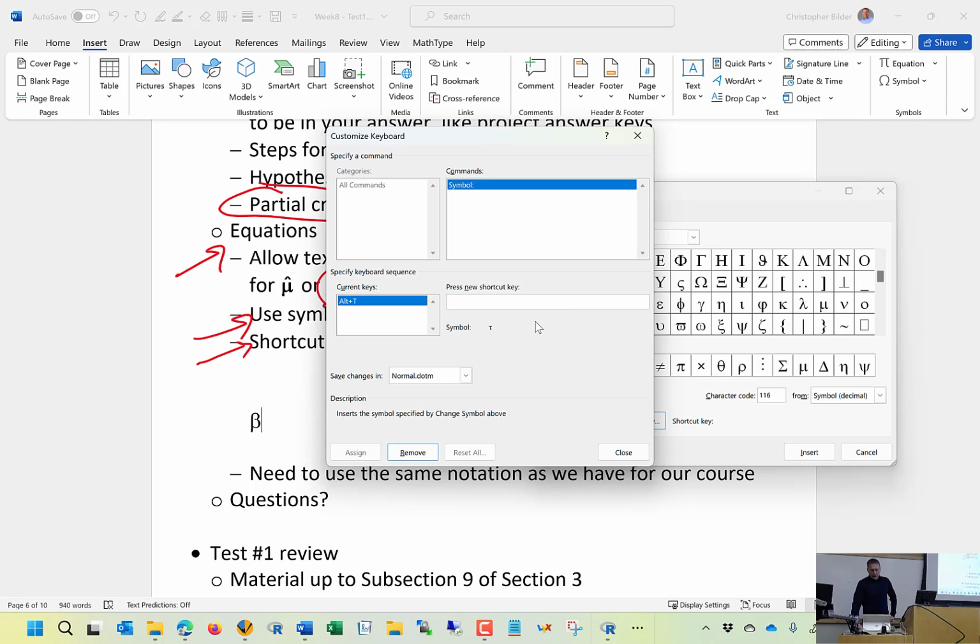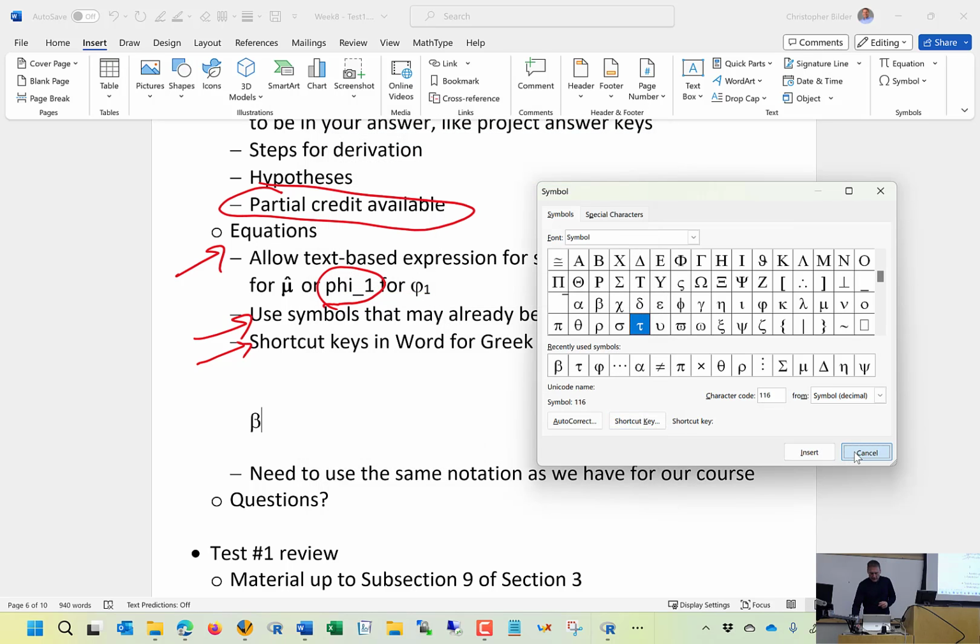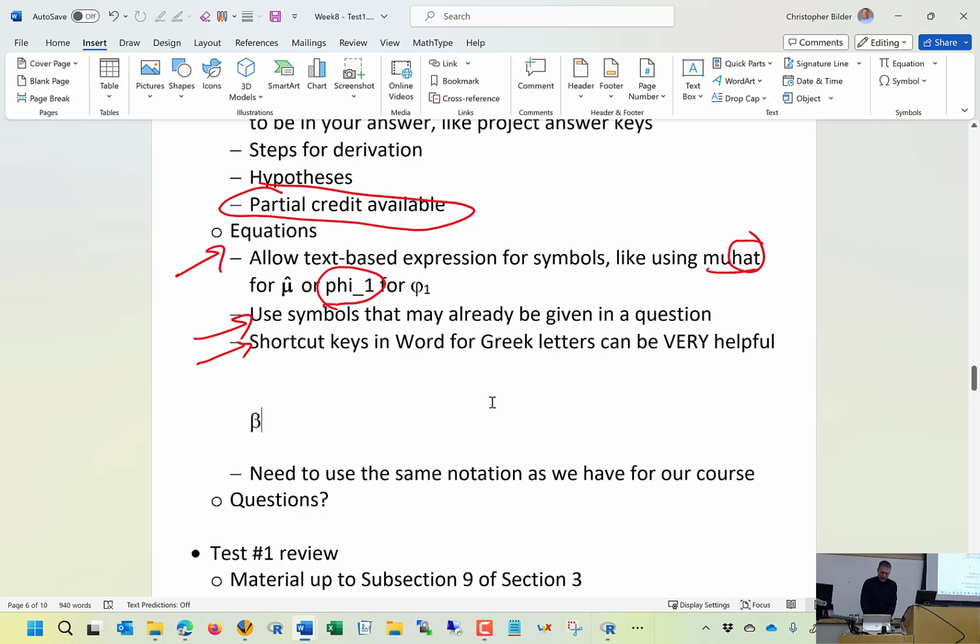If I move my mouse here where it says press new shortcut key, and if I were to select Alt-T, that will set up that set of keystrokes to automatically insert the Greek letter tau, so that when I come over to my keyboard and type Alt-T simultaneously, I know it's not working here, but trust me, it's worked every other time that I've ever done it. If I were to hit Alt-T, it will actually insert the Greek letter tau automatically. And so that's how you can type quickly with mathematical symbols. Sorry that it didn't work here.